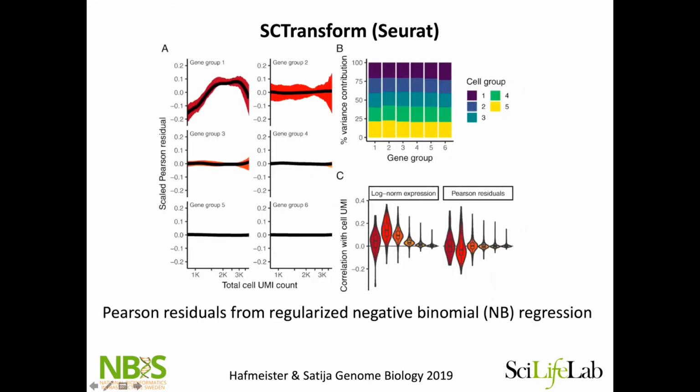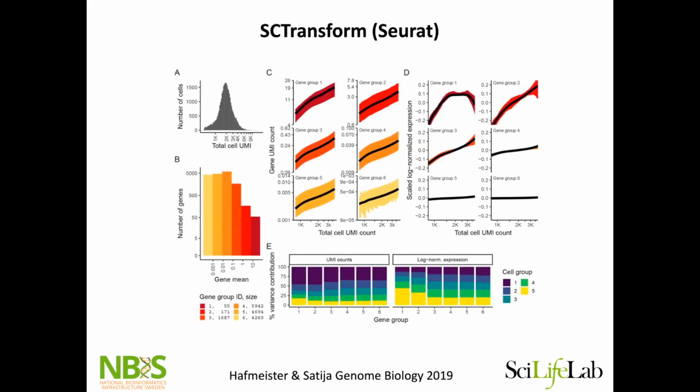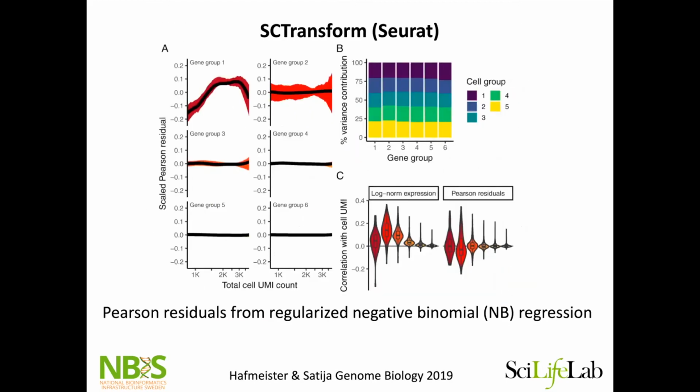And then basically, instead of negative binomial regression, it's just a different regression method. I think I've done some comparison of the results, and it looks fairly similar if you do the SCNorm or if you do the SCTransform. The whole idea is very similar.